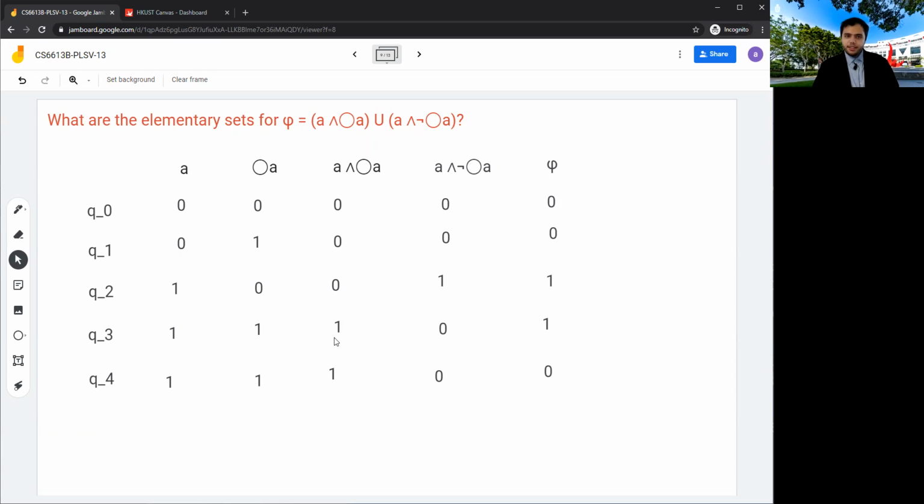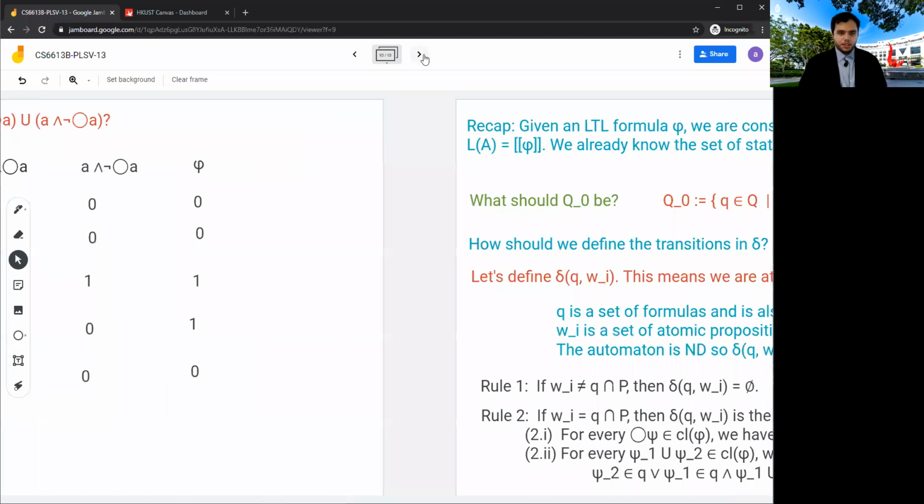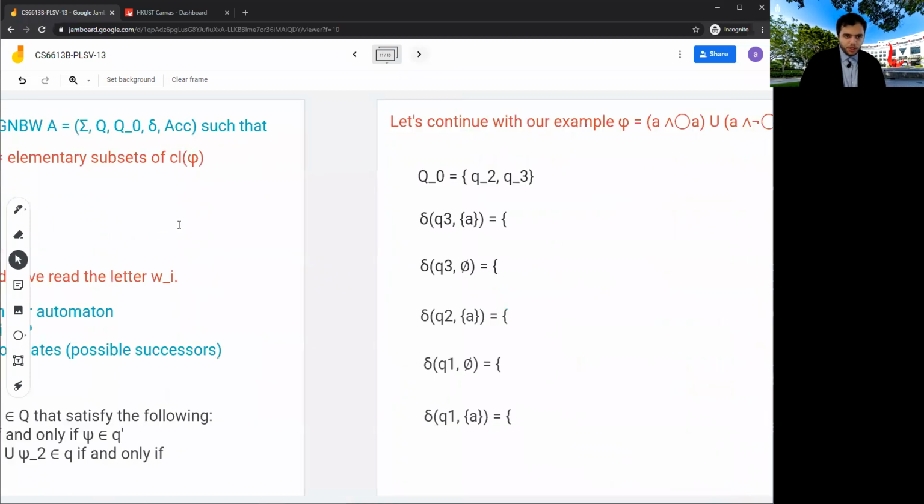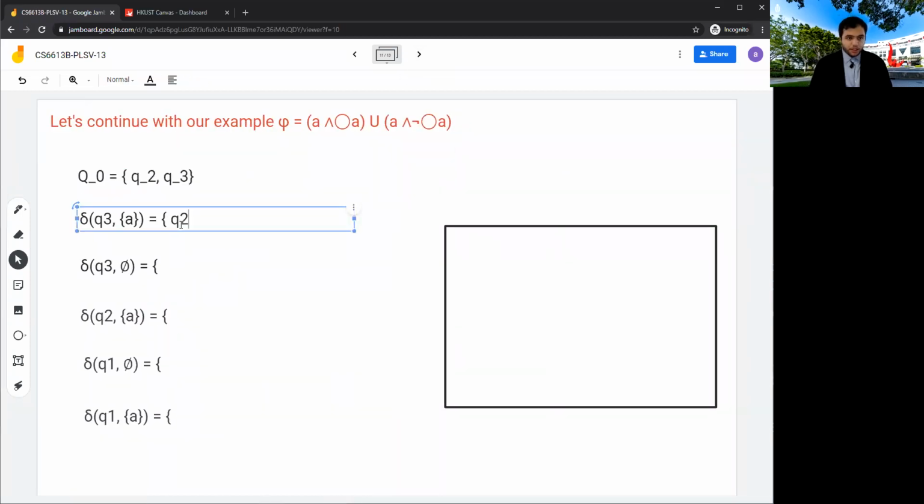And in the next stage, I should have phi again. So I can only take the ones from between Q2 and Q4 in which phi is satisfied, and that's just Q2. Right? So if I'm at Q3 and I read A, I can only go to Q2.